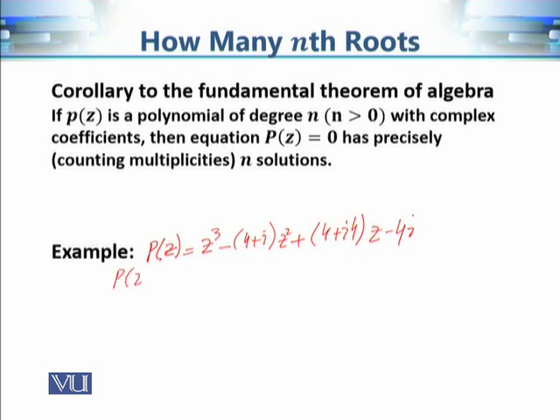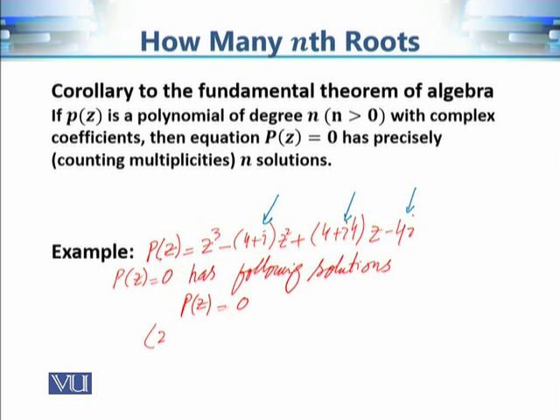Now as we can see, the coefficients of this polynomial, so for example minus (4 plus i), is a complex number. Similarly 4 plus 4i is a complex number, and the constant term minus 4i is also a complex number. Now the next question would be, what is the solution of the equation p of z equal to 0? So in other words, what are the roots of this polynomial?